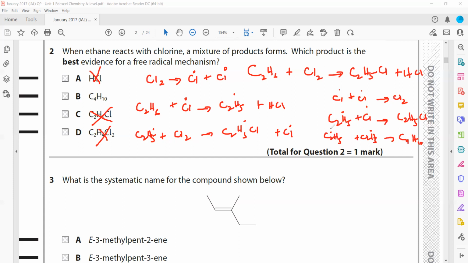In a termination step, when an ethyl radical combines with another ethyl radical, it forms C4H10, butane. Butane is not present in the beginning, but we are getting butane as a product. So this is the best evidence that this reaction is a free radical substitution reaction.